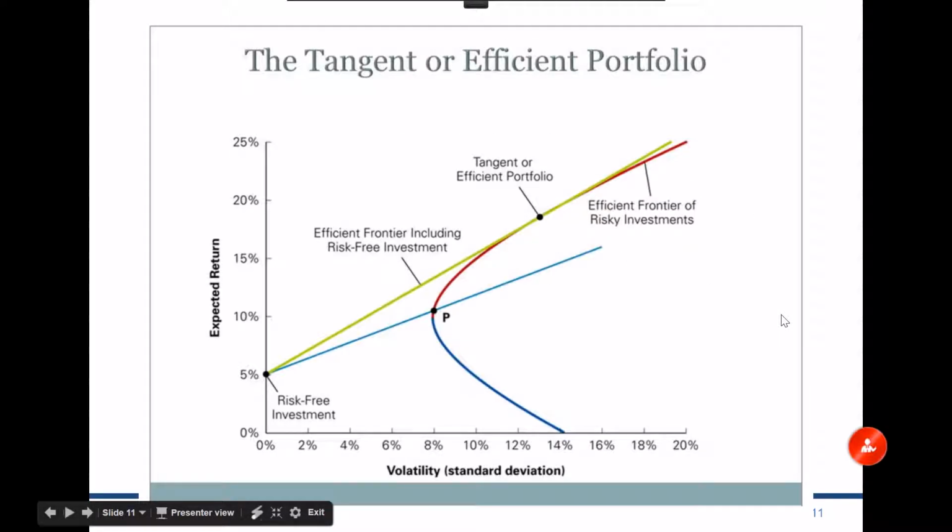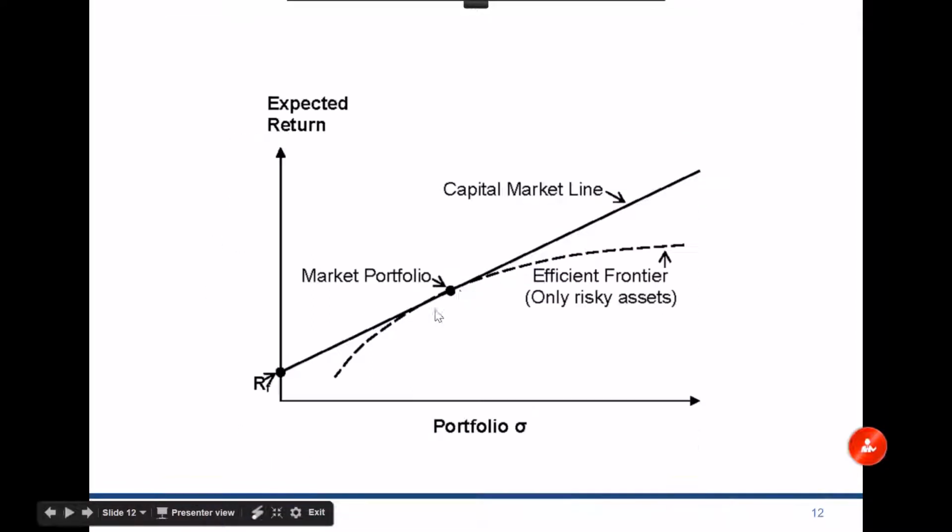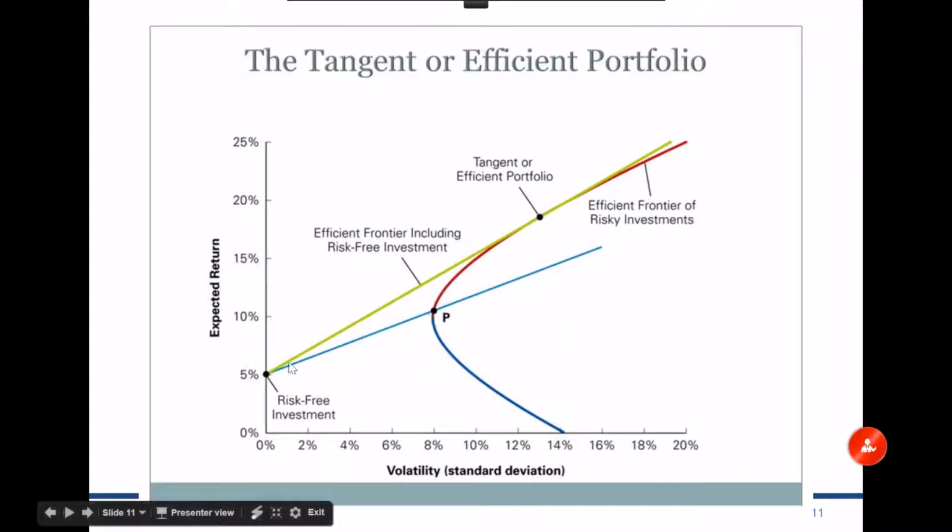Capital asset pricing model is a particular case. We have a risk-free investment, which is the minimum variance portfolio, and by combining it with the efficient frontier, holding this one and this one, the best combination of the risk-free asset and the efficient frontier is this one. So we have this straight line.